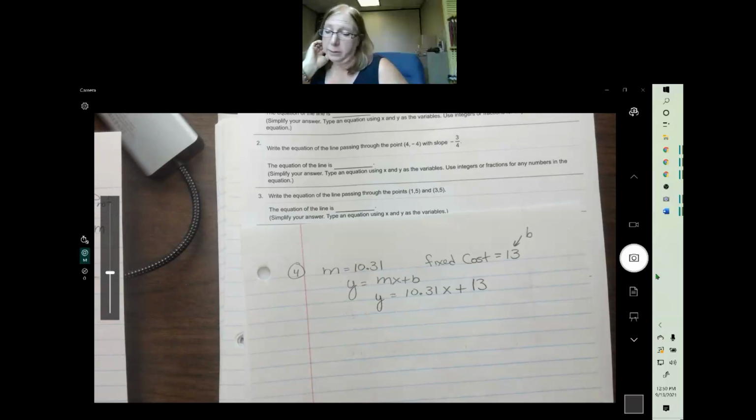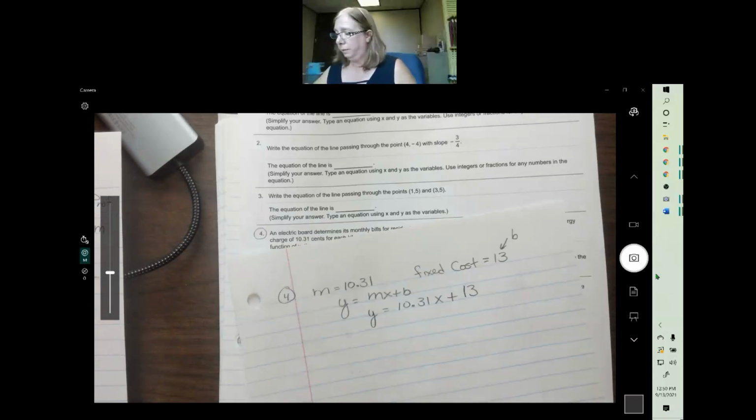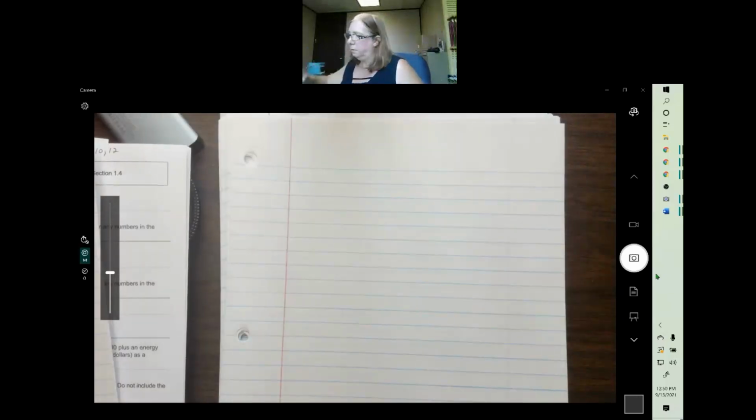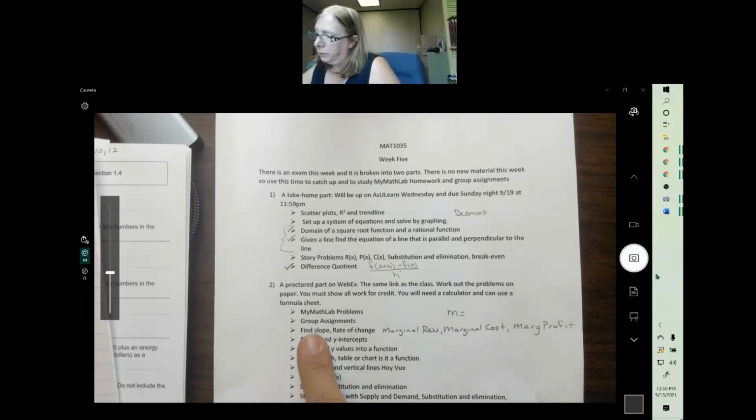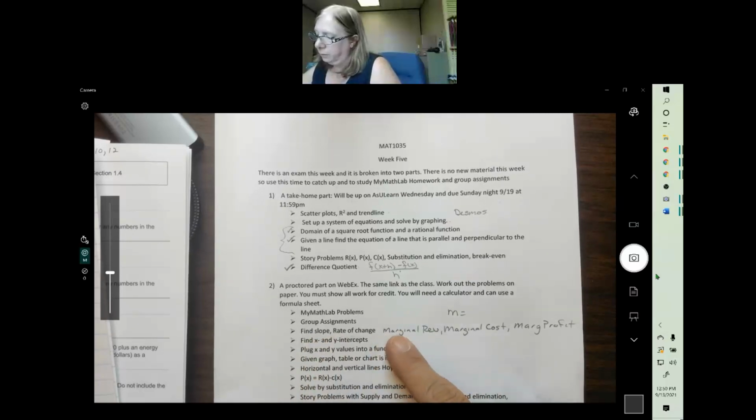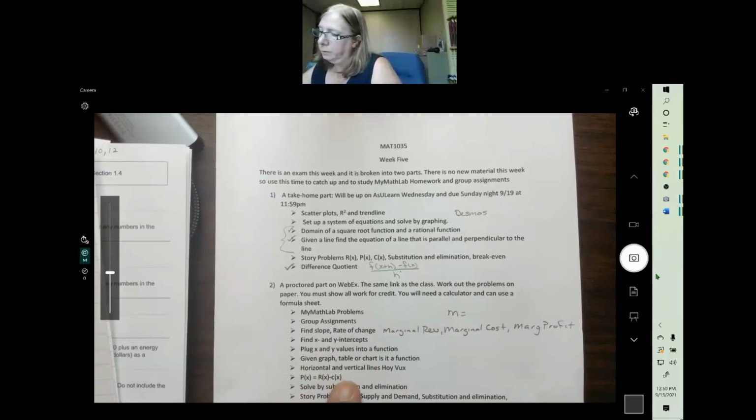Break even is on the in-class part. It's kind of each. I would definitely go by this, because we did slope, rate of change today. We worked on profit today. I would say it's both.